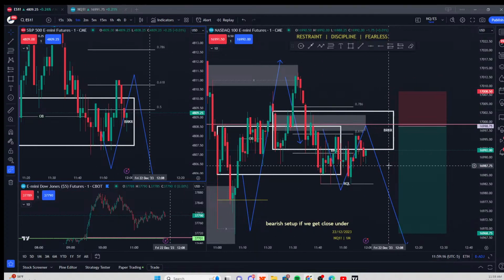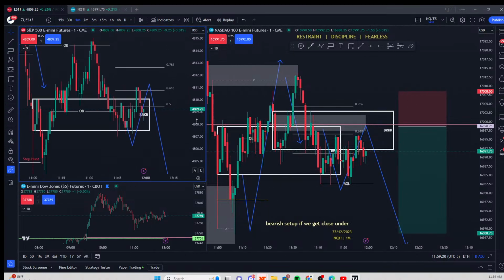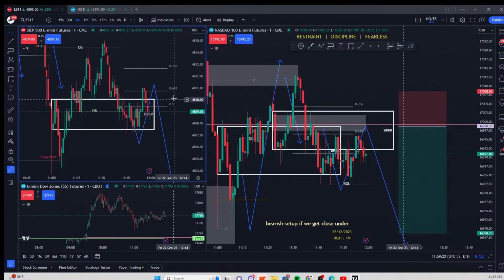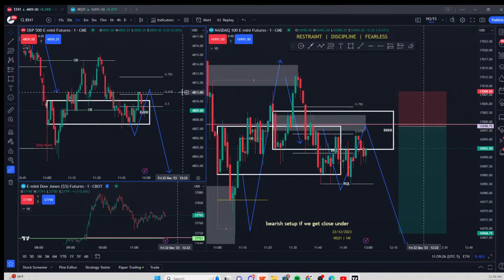Just 1 minute till 12, and 12 is not a good time to trade. Too much fuckery going around, which makes things pretty spicy here.